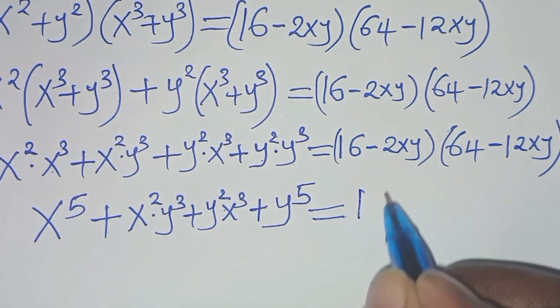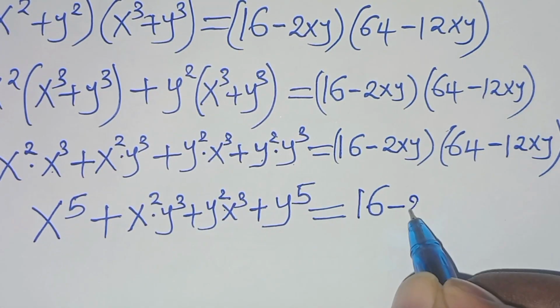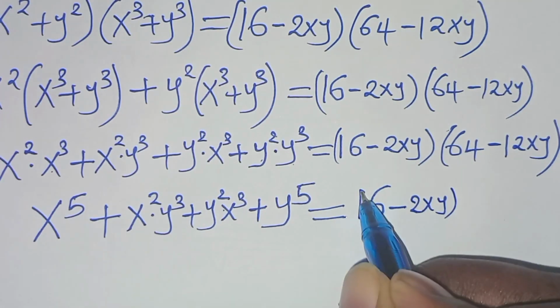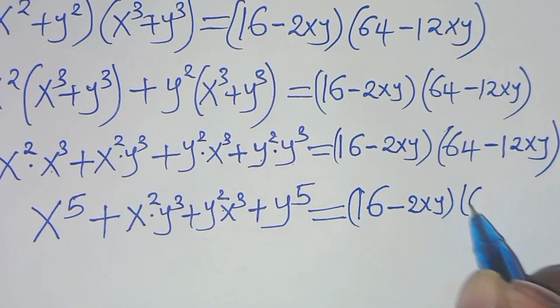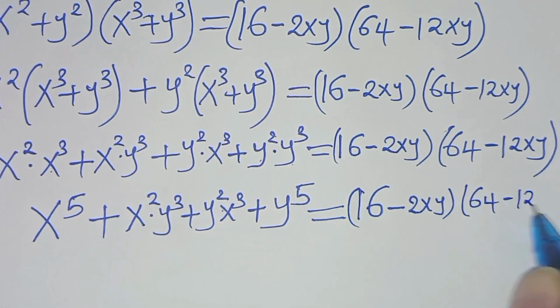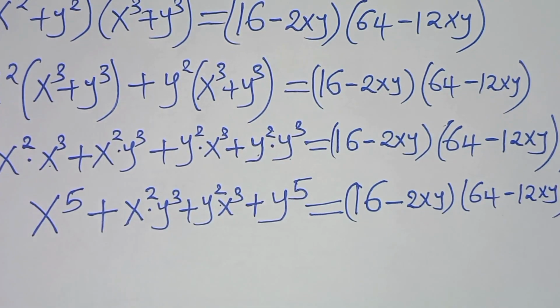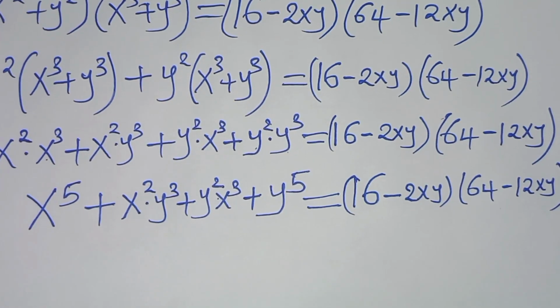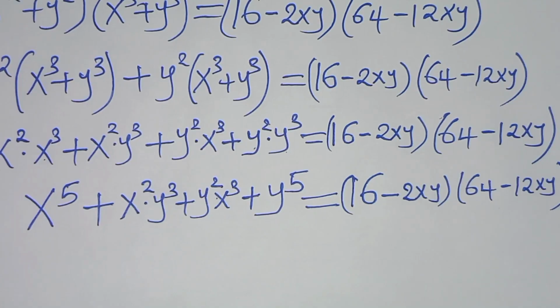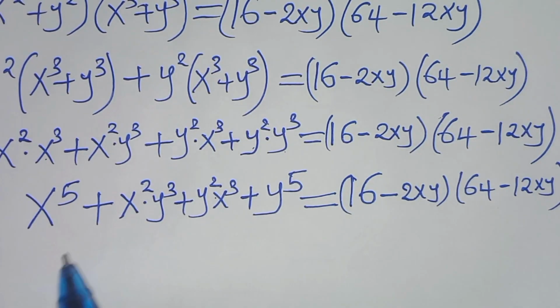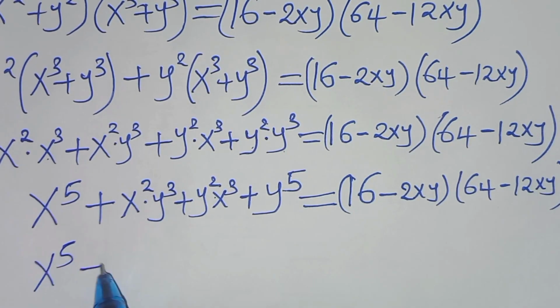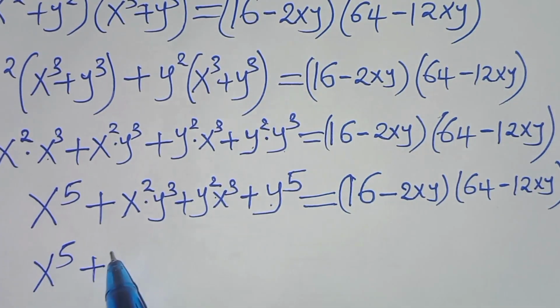This is equal to 16 minus 2xy times 64 minus 12xy. Now, the next step from here, we have x to the power 5 plus y to the power 5.